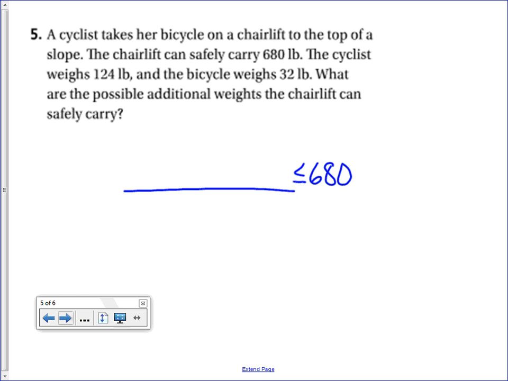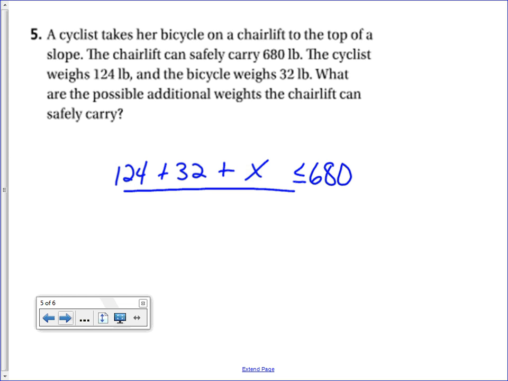So what weight do I have on here? Well, I've got the cyclist. She weighs 124. We've got the bicycle itself. That weighs 32. And then we want to know what the possible additional weight is. So additional weight would be our variable. This would be an inequality that would represent this situation.